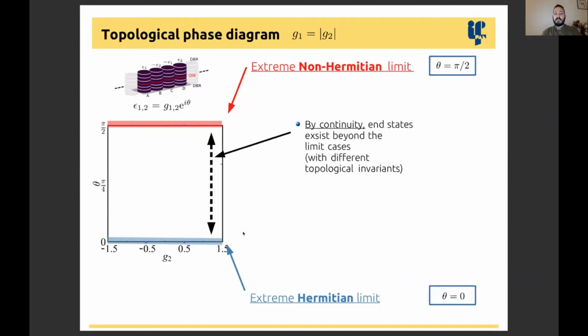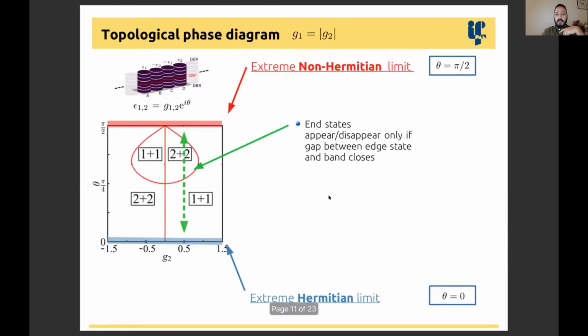We end up in a topological phase which is characterized by four topologically robust states. Eventually, if we keep on going up in theta, the initial two will be absorbed inside the gap. Okay, so this is very strange. We tried to characterize this, and what we find is that these end states disappear only if the gap between the edge states and the band closes.